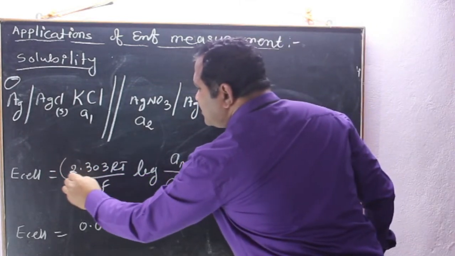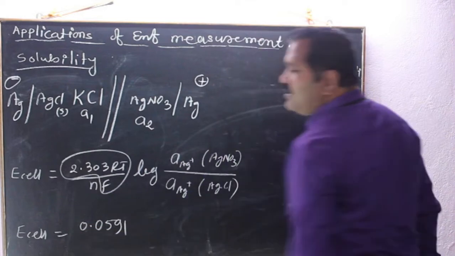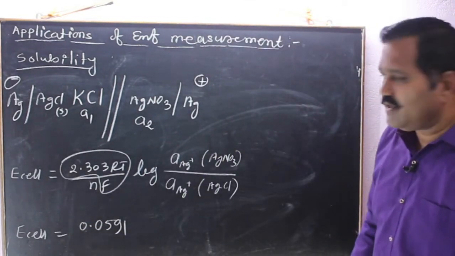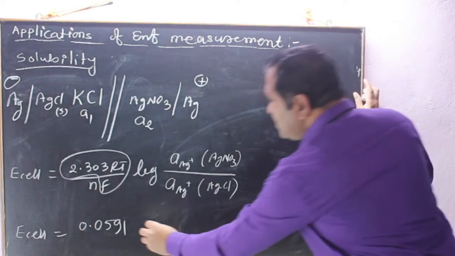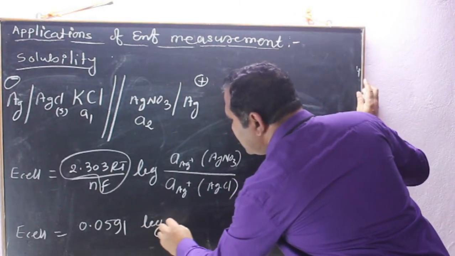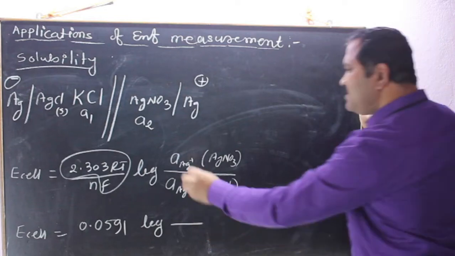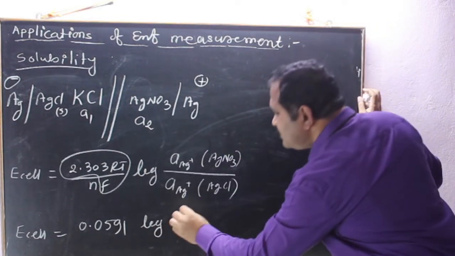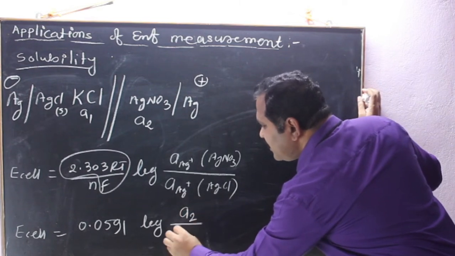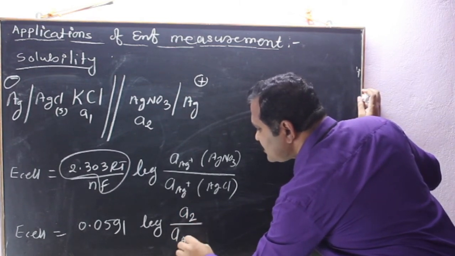This 2.303 RT upon F value is 0.0591. And number of electrons transferred is 1. Log of activity of Ag plus, this activity is known, A2, divided by activity of Ag plus.